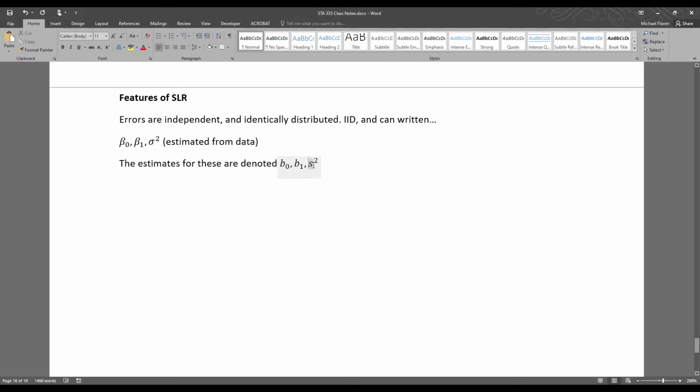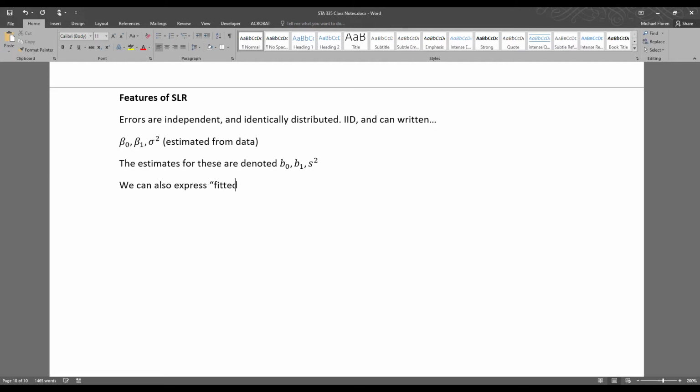So once we estimate things from the data, we start to use the Latin letter notation instead of the Greek letter notation, and you'll see this throughout our statistical models. So all of these Latin letter notations in this line are going to be from the data, and we're estimating these.